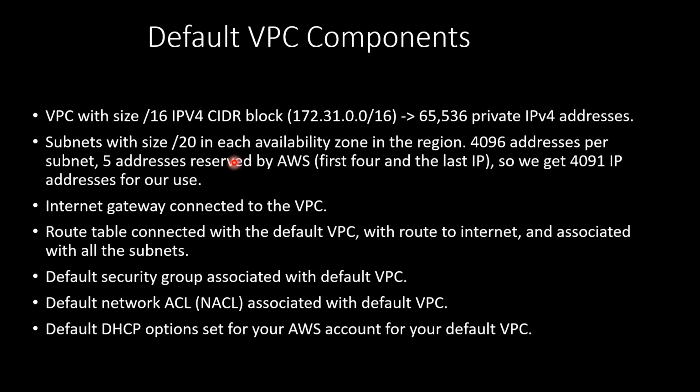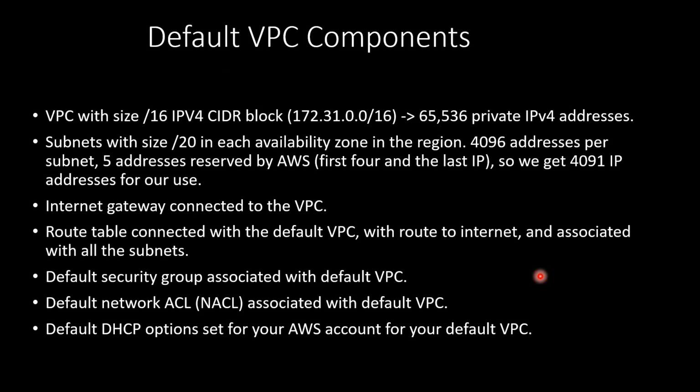So this was about the default VPC components. Now there is a question: what is the use of the default VPC? The default VPC is suitable for getting started quickly and for launching public instances, such as if you want to launch a simple website or a blog. Then you have these default VPC components available.